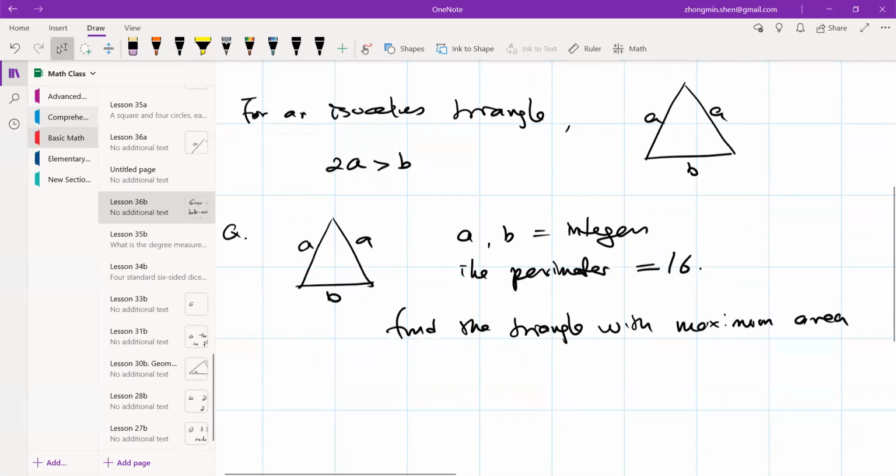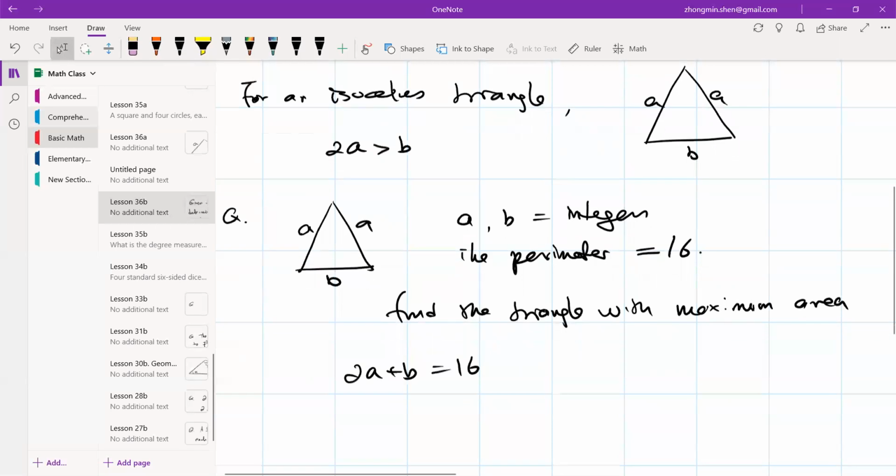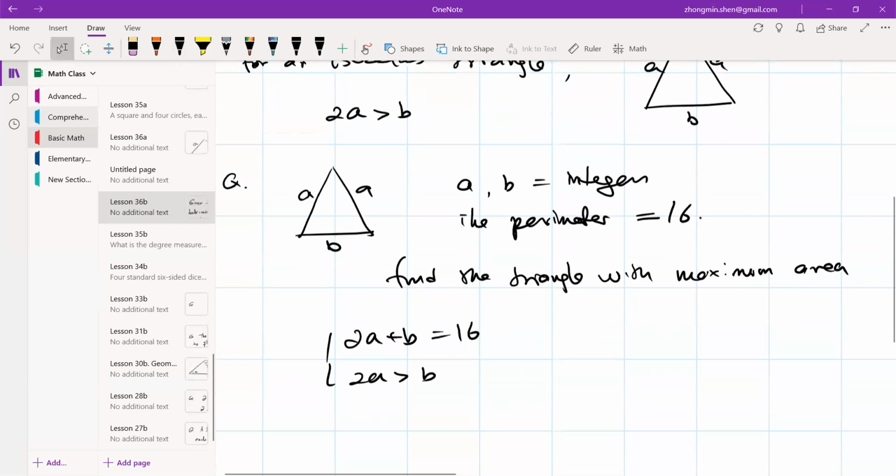Perimeter equals 16, so that means 2a plus b equals 16. It's fixed. Then we also have to make sure 2a is greater than b. So there's an equality and an inequality here. Let's find all the possible solutions. So b is less than 2a.